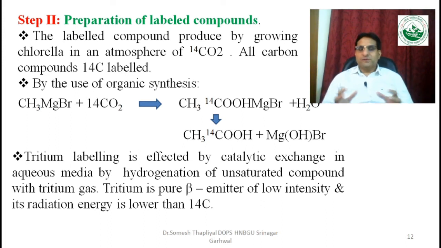So we will produce the compound in chlorella and maintain the atmosphere having the carbon dioxide, and all the carbon in these compounds will be labeled with the isotope 14C.